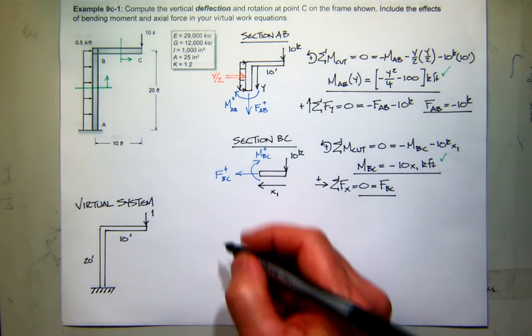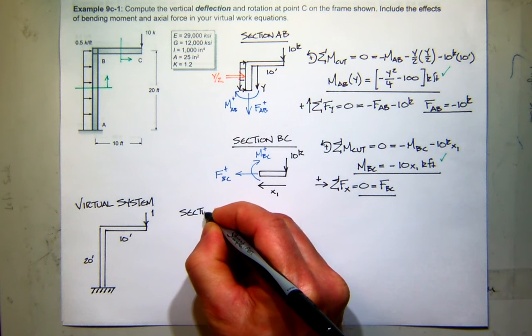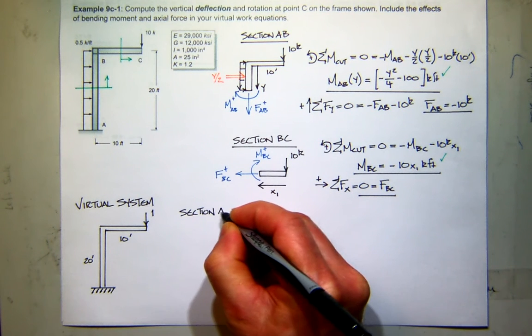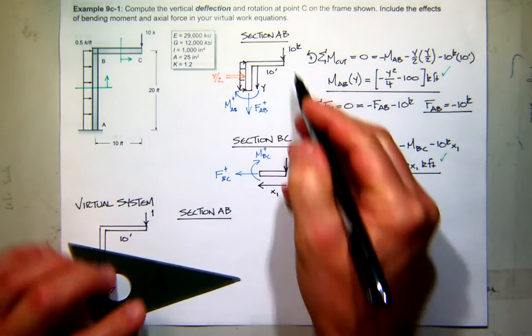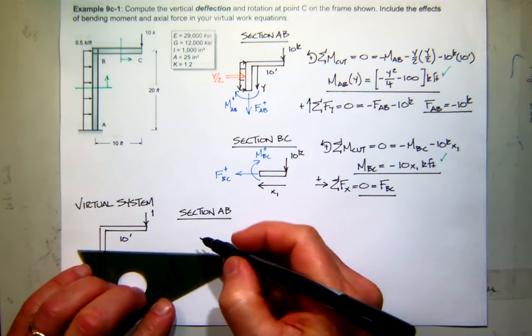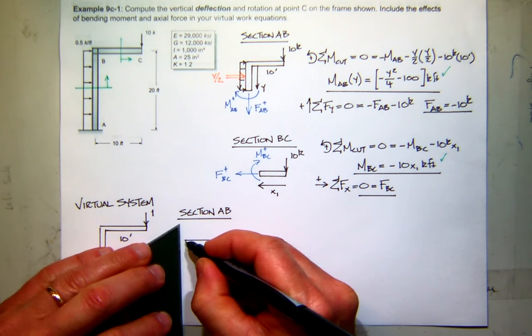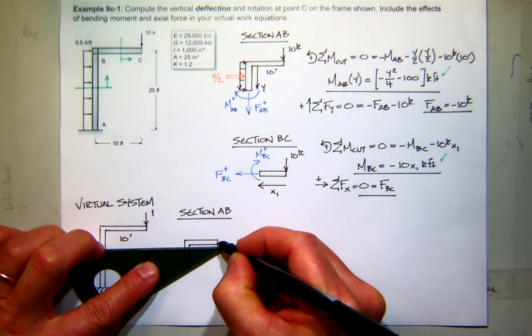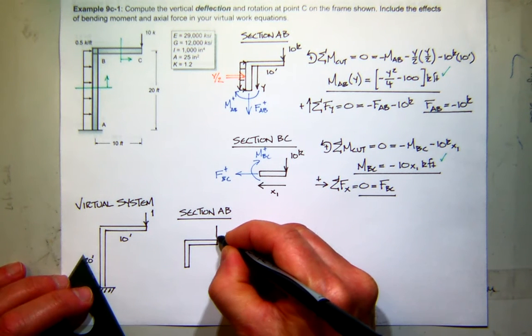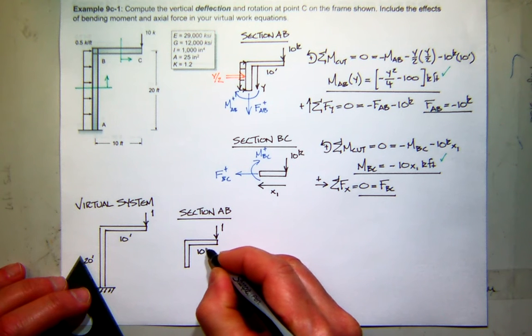So for the virtual system, let's start with section AB. And since I've already made this assumption of how things are going to behave, I'm going to do the same thing here. So here's pretty much the same free body, except I just have the one virtual load here. It's still 10 feet off.